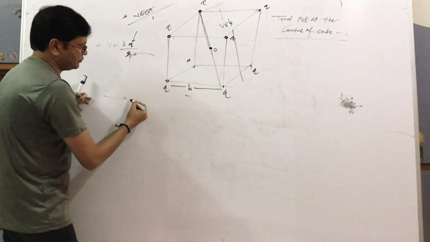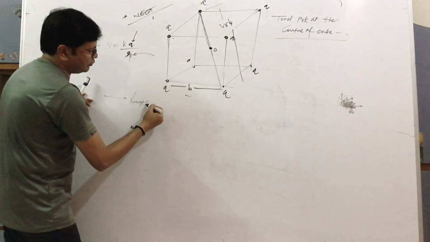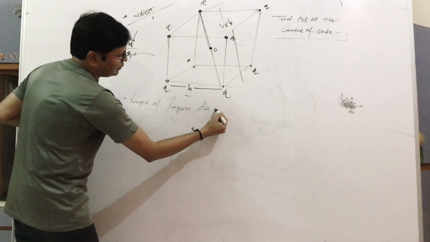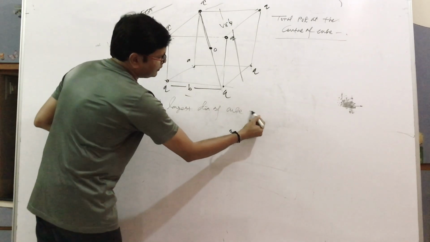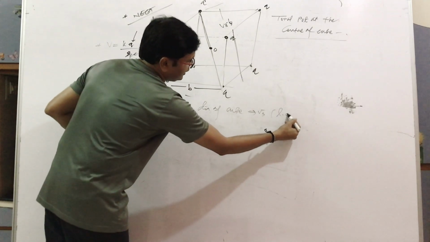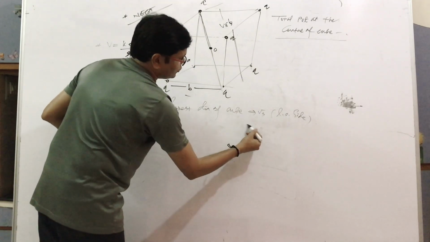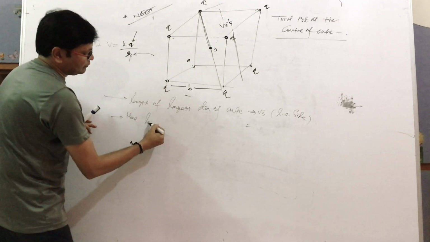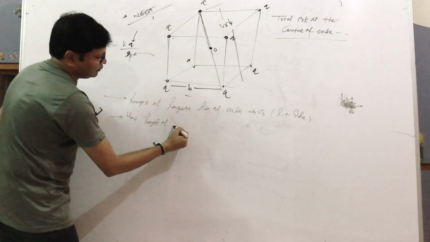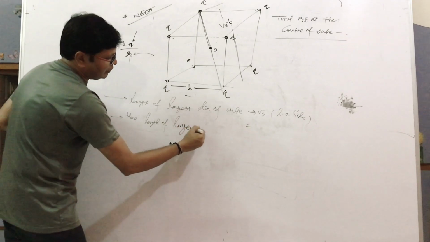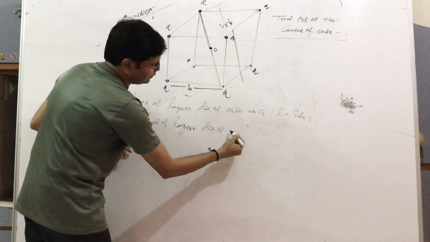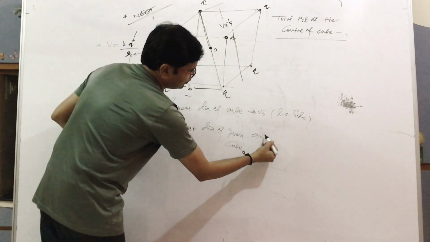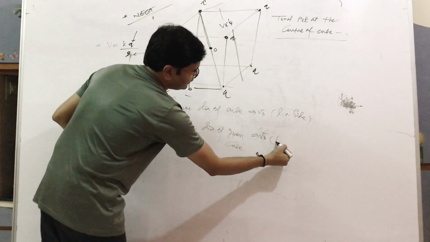So first of all, I can write the length of the longest diagonal of the given cube is root 3 multiplied by b.